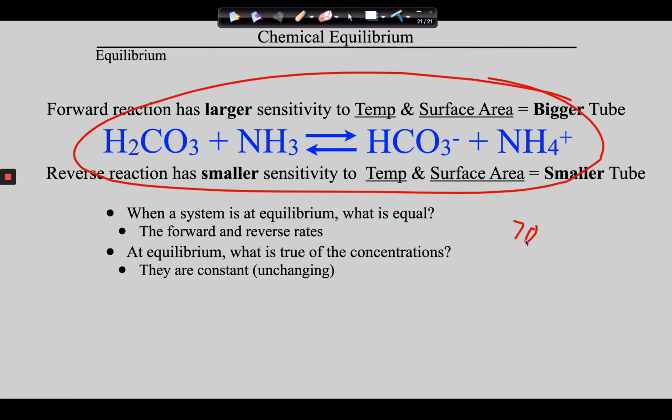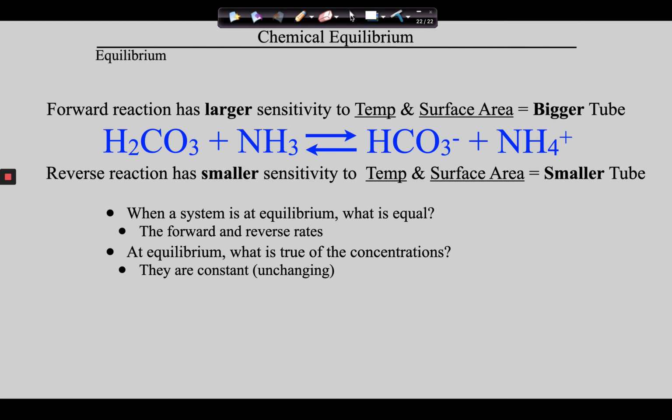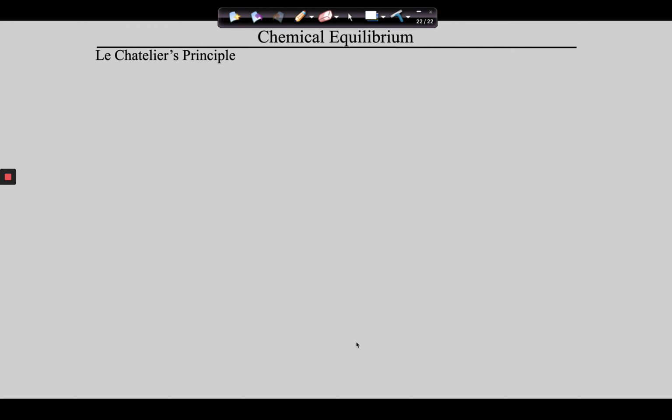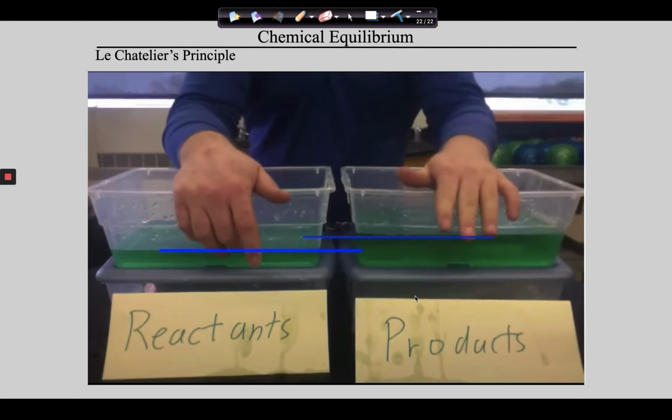And in the case of our little thing that we just did, that was 70 to 30, and that doesn't change. Now here's the question, what do we mean by that doesn't change? And this is where we get into the last thing we're going to talk about today, which is Le Chatelier's principle. So guys, Le Chatelier's principle is really interesting, and it goes like this. So we know that this is a 70 to 30 ratio, which is 2.3.